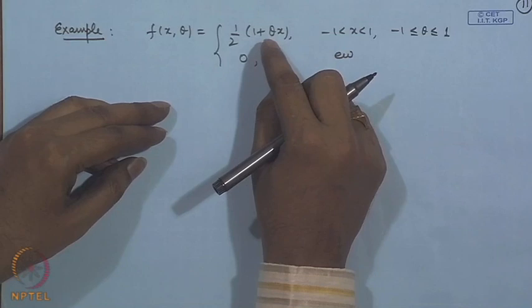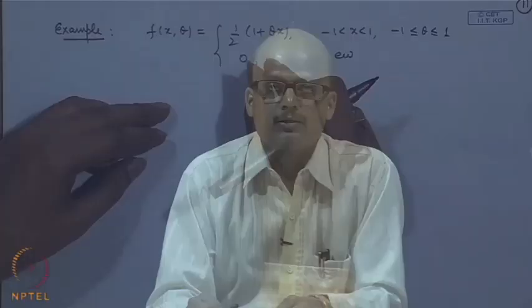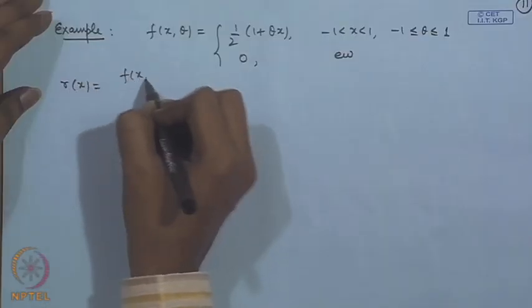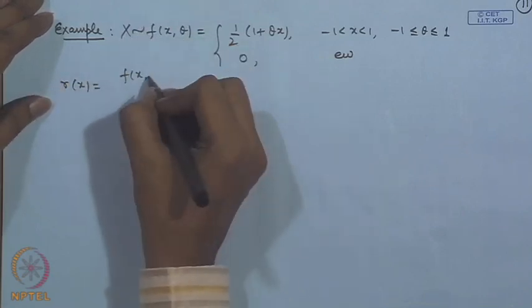Now, if you look at this, certainly it is not in the form of an exponential family. So, what we can do? We can consider whether the monotone likelihood ratio is there or not. So, let us look at that. Let me consider say one observation here, in place of n, for the convenience.